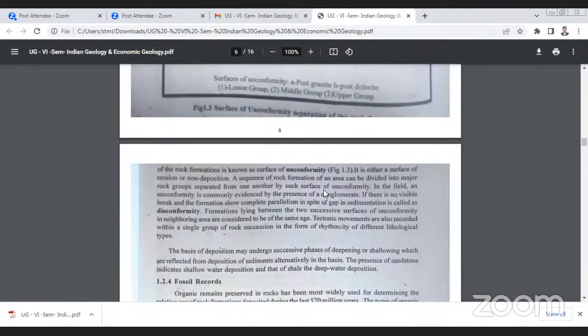It is known as a surface of unconformity. It is a surface of either erosion or non-deposition.